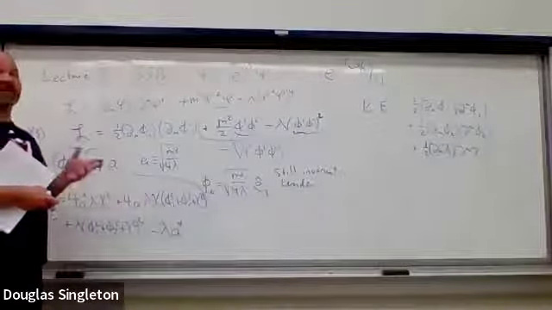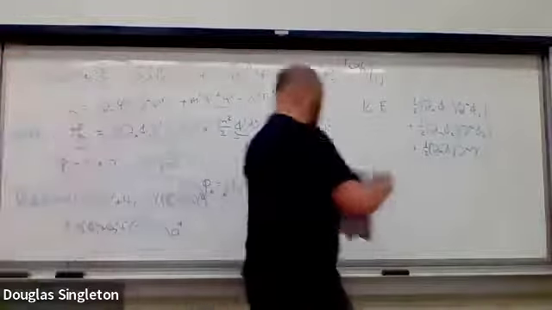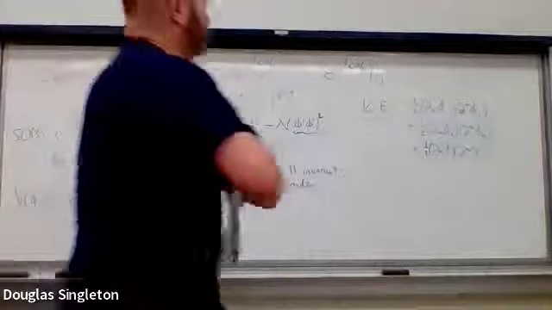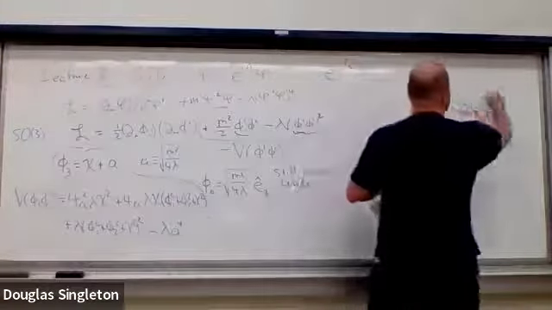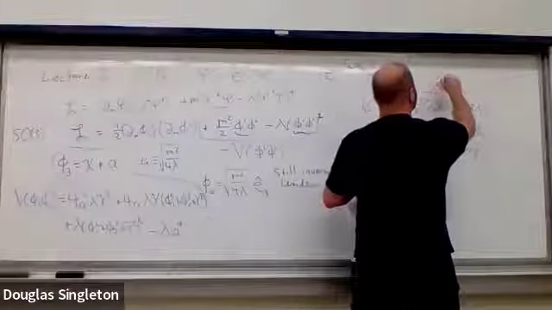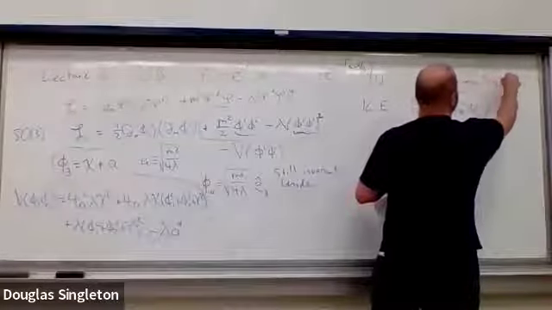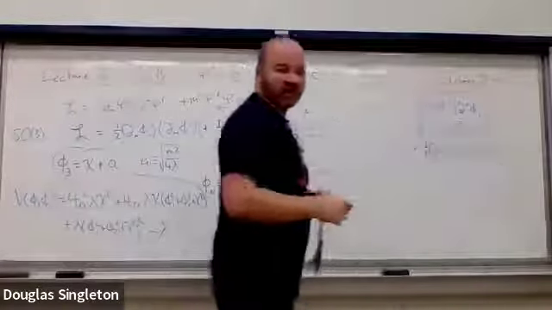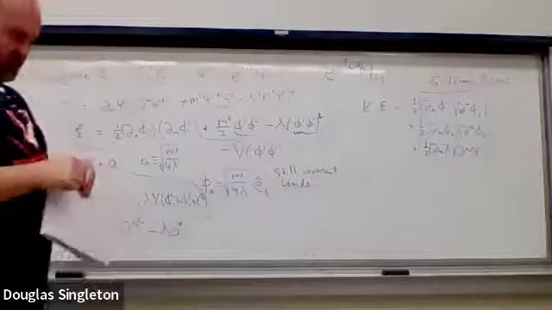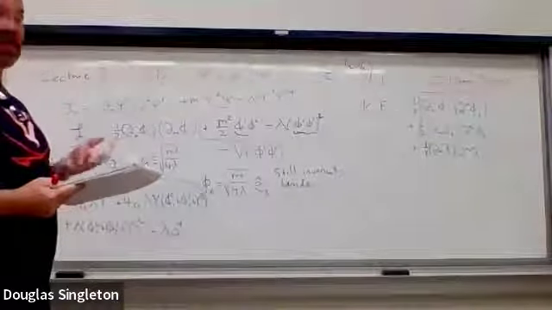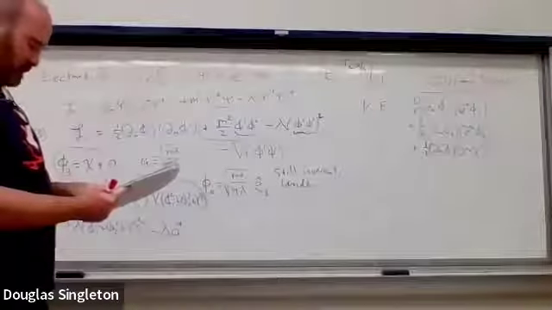Let me write this in red. They're the Goldstone bosons of the theory, and there are 2 of them. So there are 2 Goldstone bosons, and then there's 1 boson that has a regular mass.